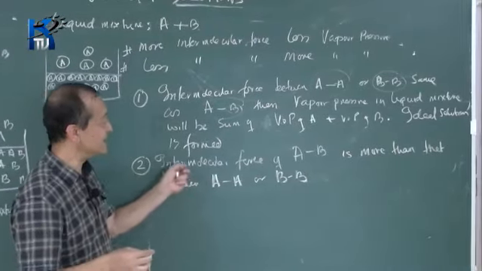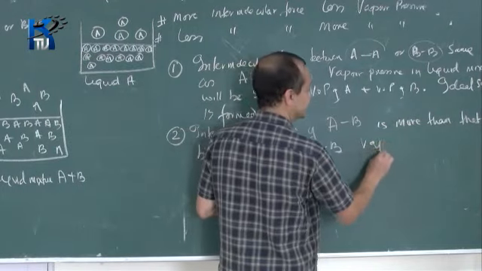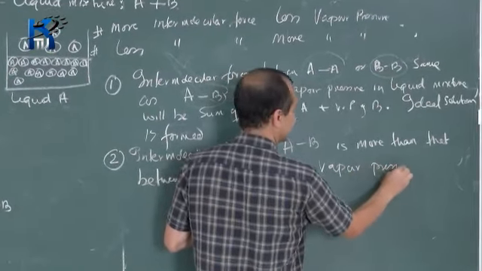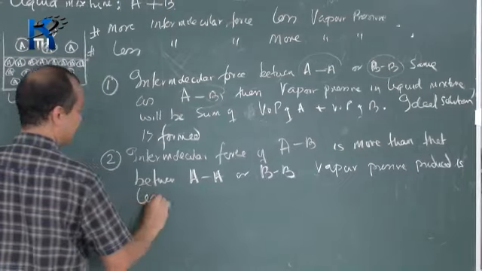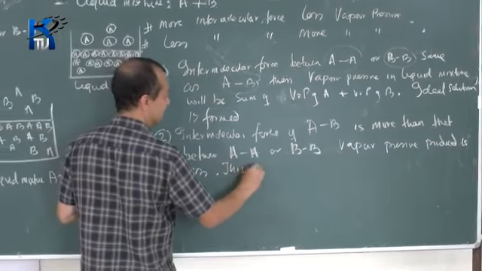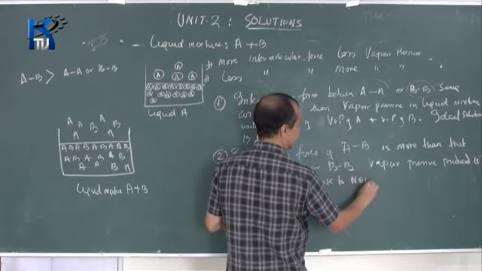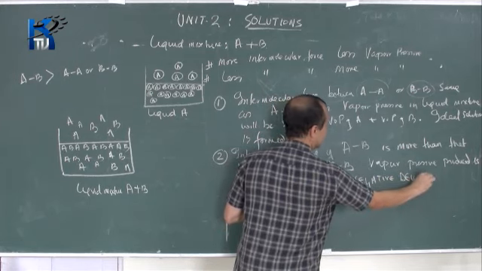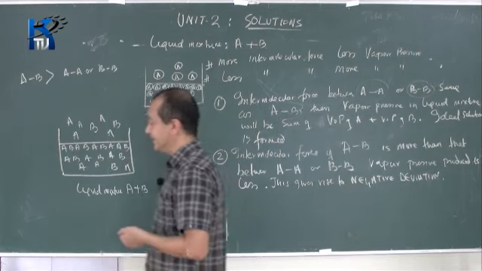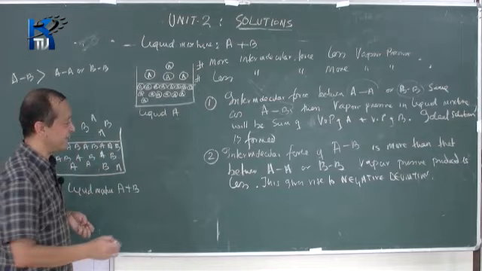Since the intermolecular force of AB is more, the vapor pressure produced is less. This gives rise to negative deviation.